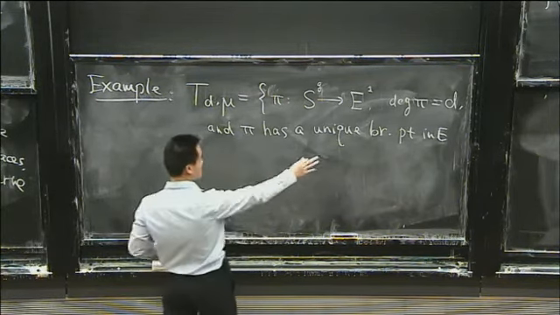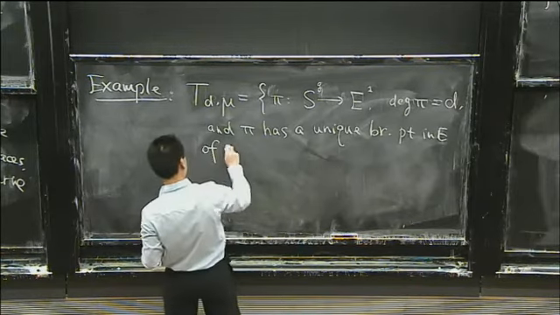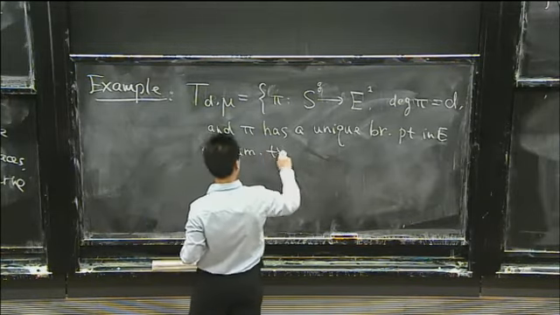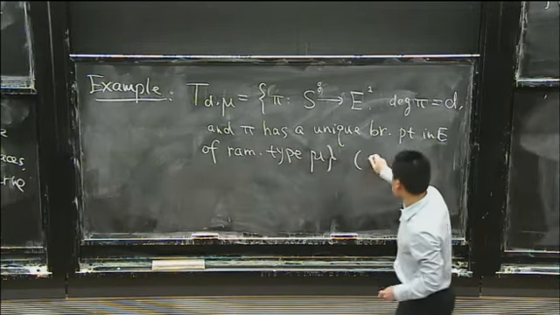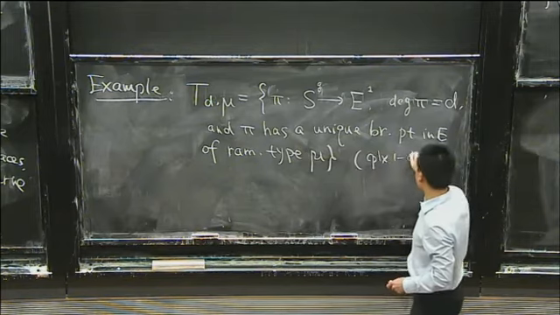I'll make it clear later. I just simply say of ramification type given by mu. So this is a complex one-dimensional Hurwitz curve, or Hurwitz space.